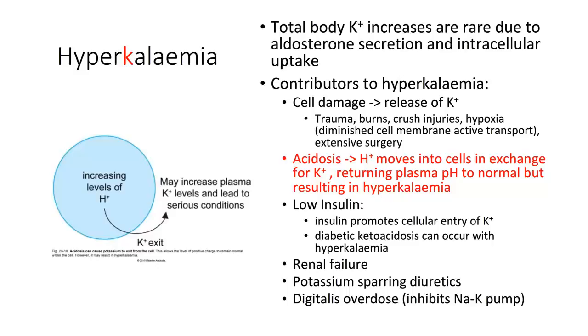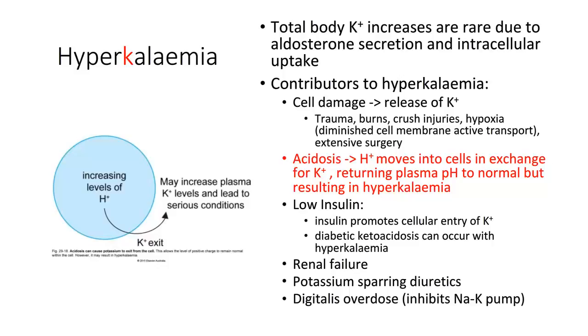So things like trauma and burns and crush injuries will cause that to happen. In acidosis, which we've looked at previously, hydrogen ions actually move into cells in exchange for potassium. Now that doesn't normally happen, it only happens in acidosis, and that returns the plasma pH to normal, but it can mean that we see too much potassium in the extracellular space.